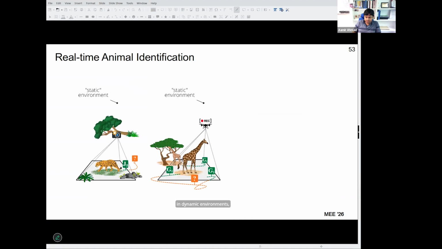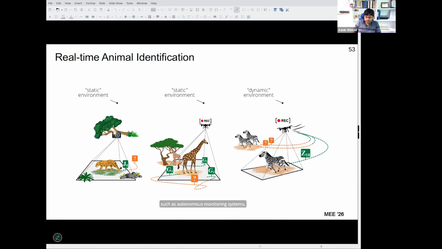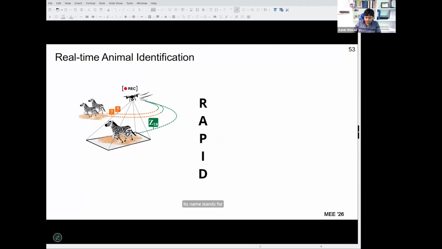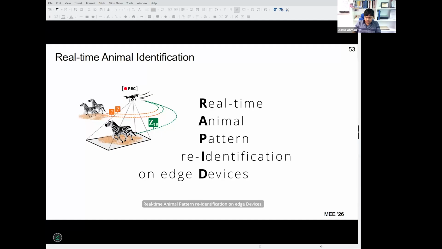By contrast, in dynamic environments, such as autonomous monitoring systems, real-time decisions are essential and computational resources are limited. RAPID was developed to address this gap. Its name stands for Real-Time Animal Pattern Re-Identification on Edge Devices.